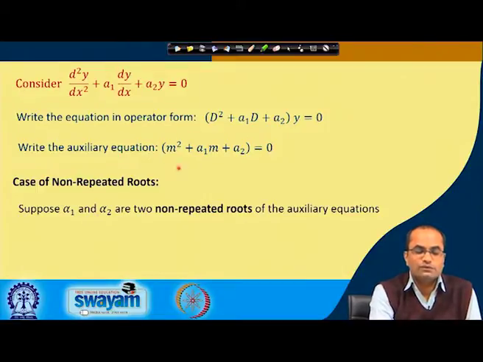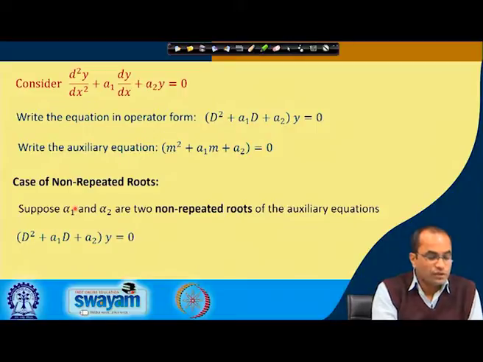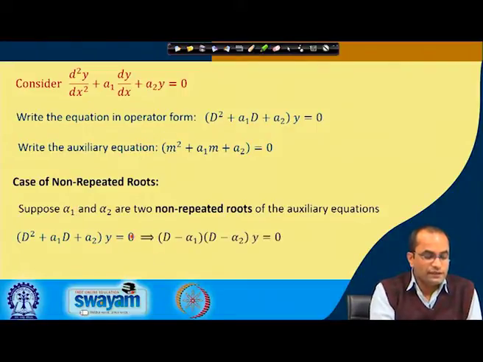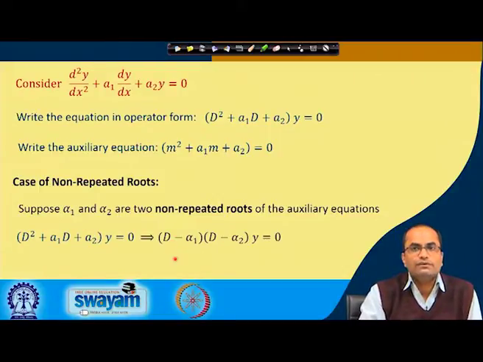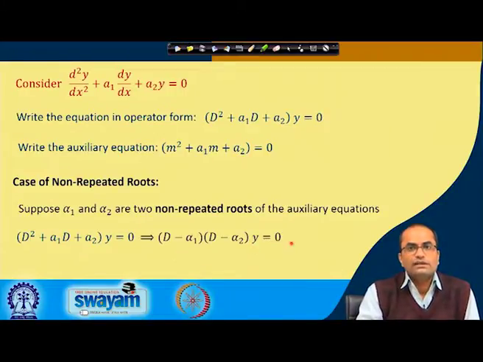So, we have this second order polynomial, and we get these two roots alpha 1 and alpha 2, and we assume that they are non repeated. Then what will be the solution of the given homogeneous differential equation? Because we know the roots alpha 1 and alpha 2, we can factorize and write the operator equation as (D minus alpha 1) multiplied by (D minus alpha 2) on y is equal to 0.